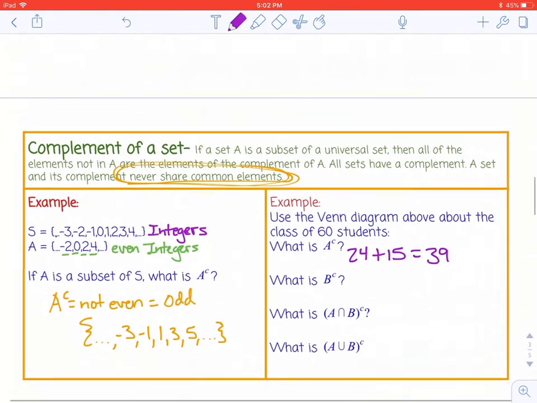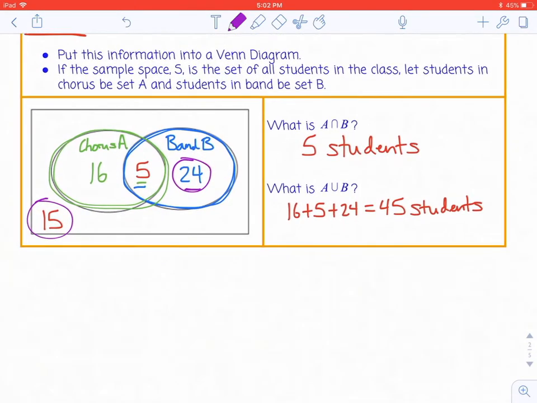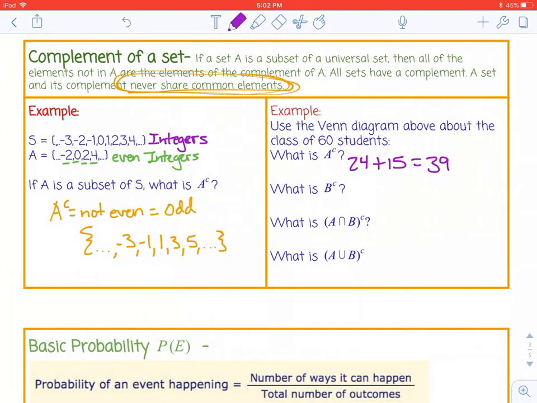Then it says, what is B's complement? B is all the students that are in band. So all the students not in band would be these 16 and these 15. That would be 16 plus 15, which would give us 31 students. And then it asks, what is the complement of the intersection of A and B?